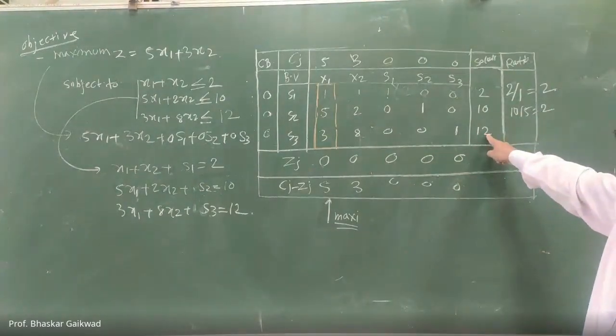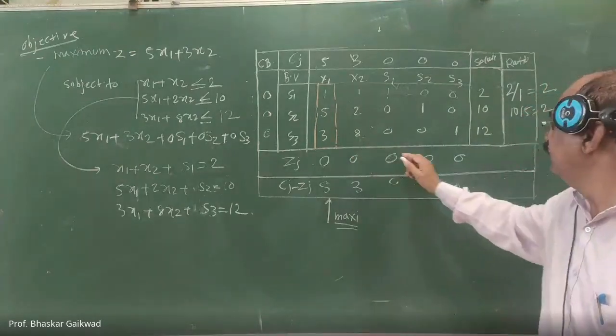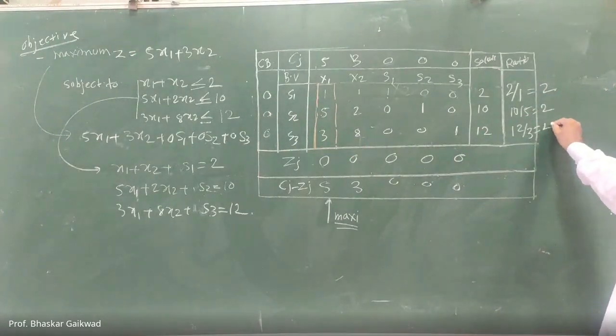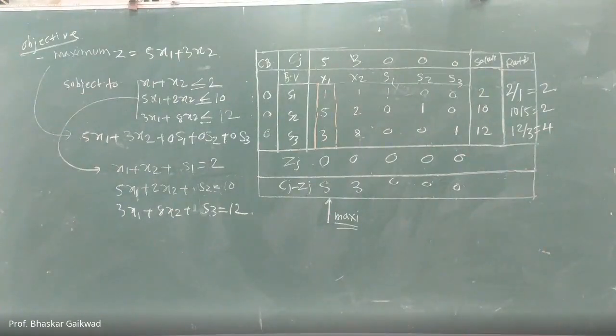Then here it is 12 by 3, that is 4. Correct. So which is the minimum here? Now here 2 are minimum, first and second. You can take any one, no problem. So I will take this one.